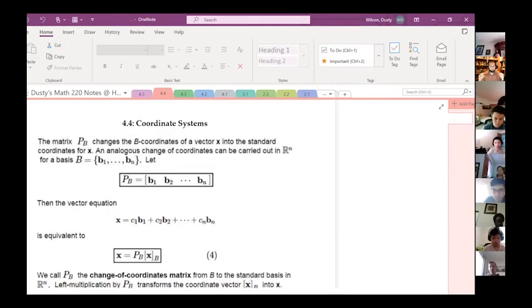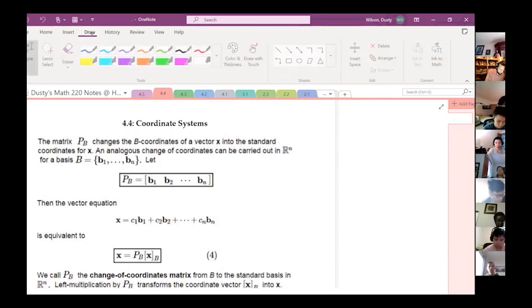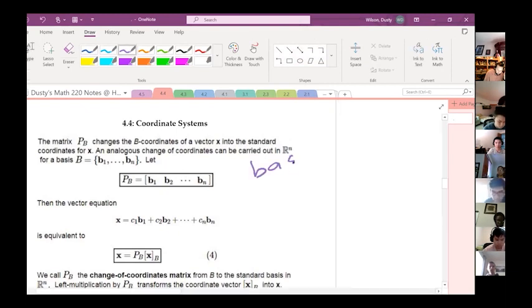A coordinate system is a way of describing points, vectors, locations within a vector space. And so we have this idea of a basis. Do you remember, or I hope you remember, the two qualities of a basis? They have two main characteristics.